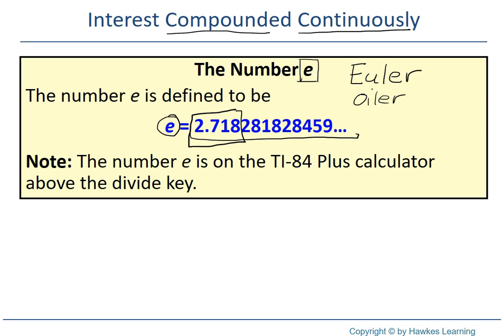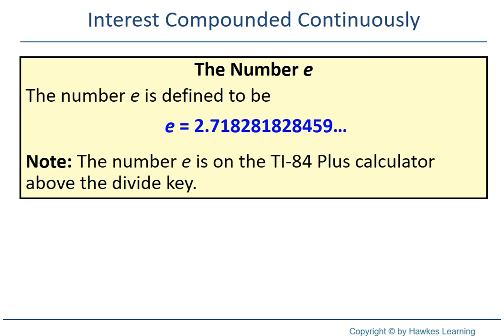I had made that mistake myself, so I just pass it on so you'll be a smart person here. So Euler is the famous mathematician that the letter E, this concept, is named after. We use the first letter of his name in lowercase as E. All right, so let's see how that works now. And you should write this value down.